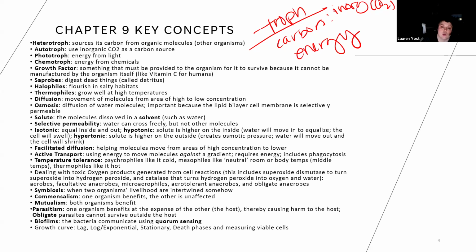If you get it from organic sources, these are heterotrophs. And for energy sources, your energy can come from the sun, and these are called phototrophs, or your energy can come from food chemicals, and these are called chemotrophs.